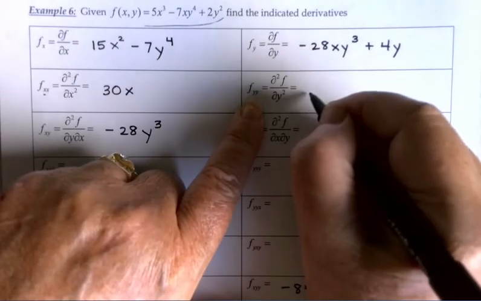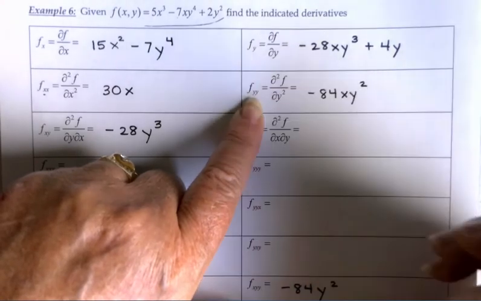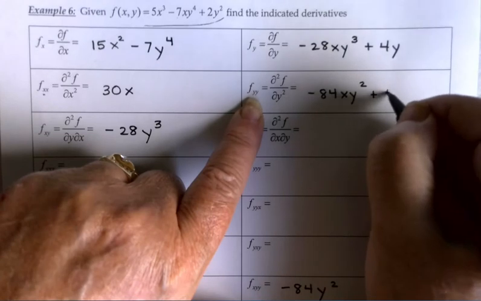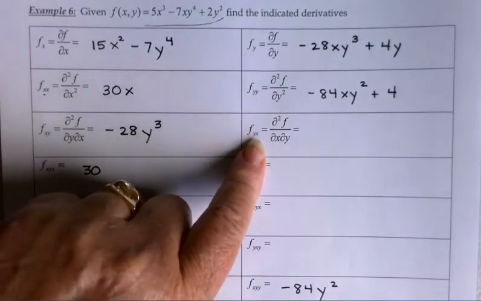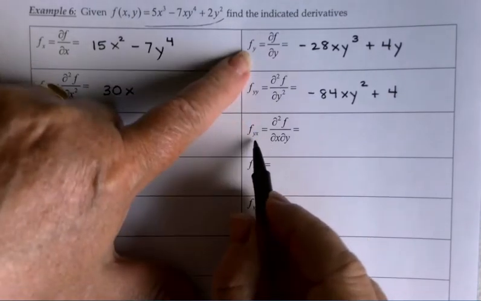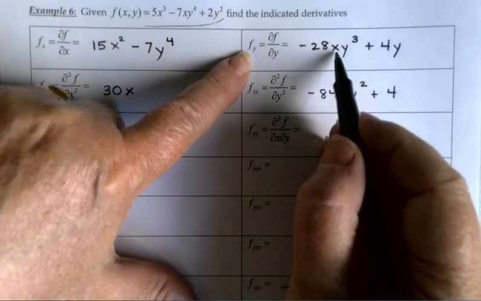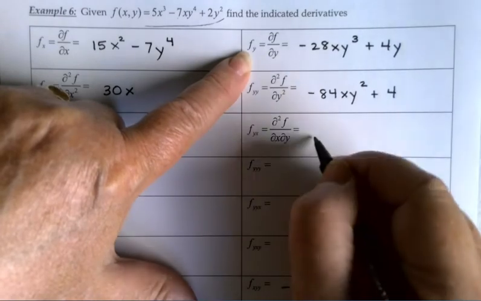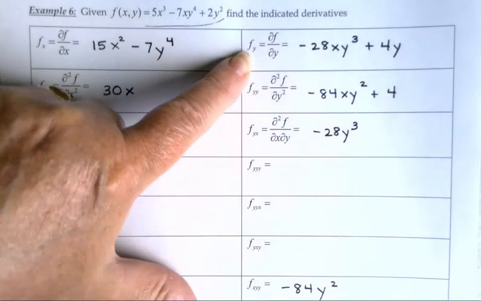That would give me a negative 84xy squared plus 4. How about f sub yx? Go back to f sub y and take the derivative with respect to x. That's just going to make that x a 1, right? So negative 28y cubed plus 0.